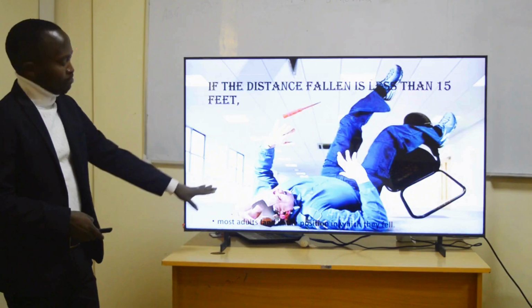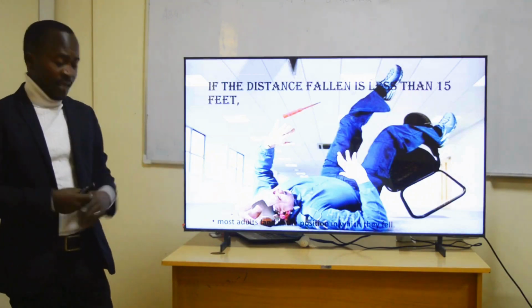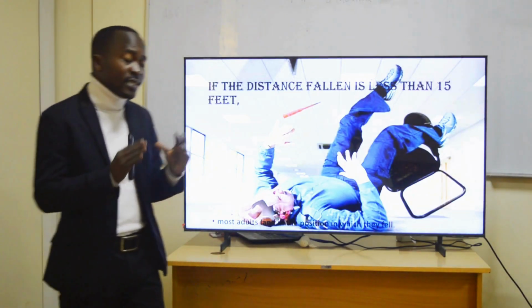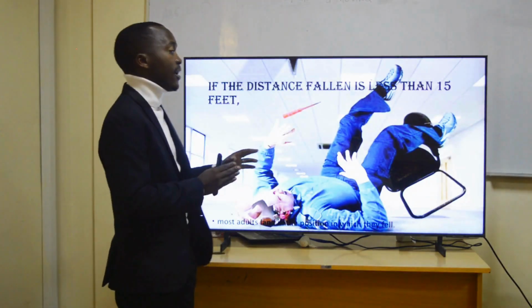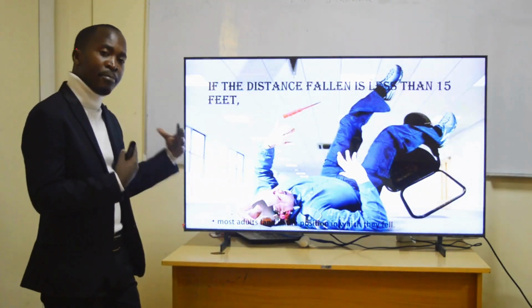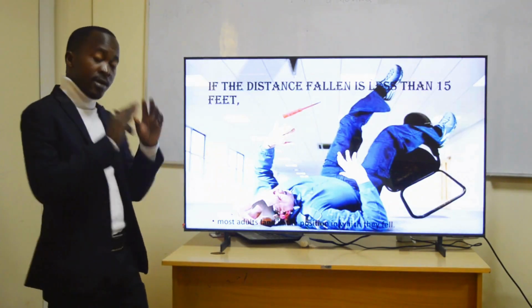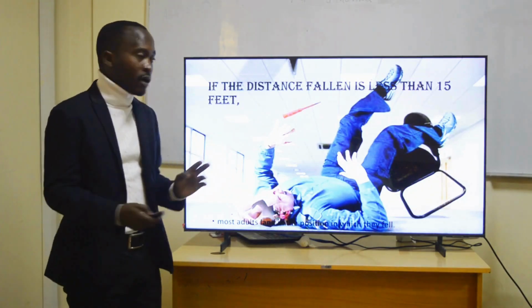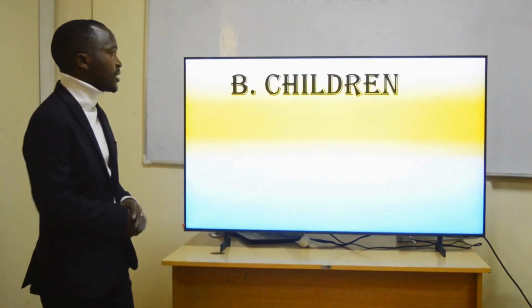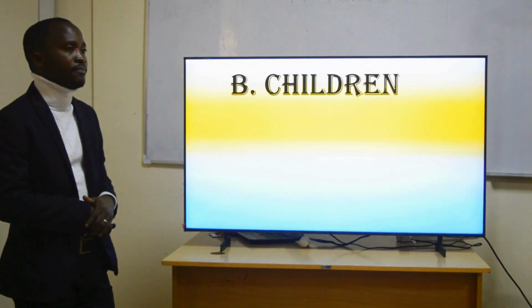Okay, so that was an adult, and I want us to see now which are some of the predictable injuries when we are having a child or pediatric, because the pattern will be different. So without wasting much time, let's get in. Let's look at children.